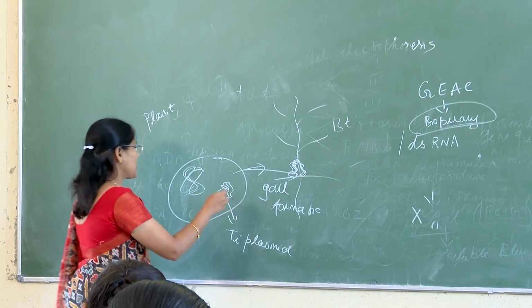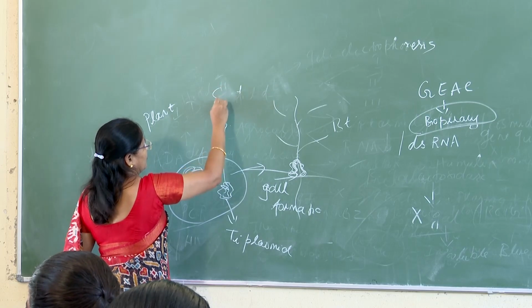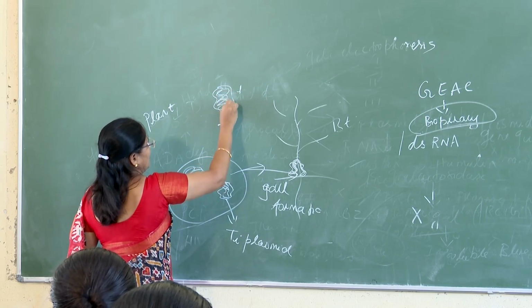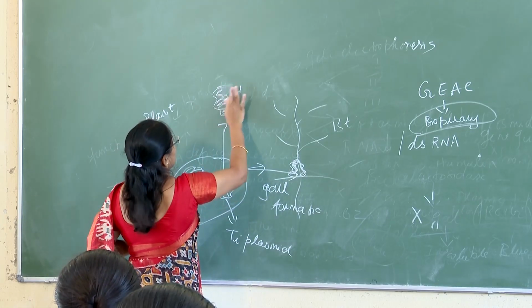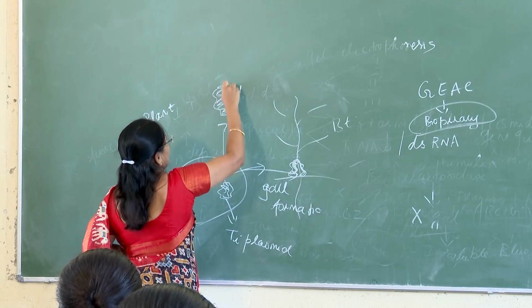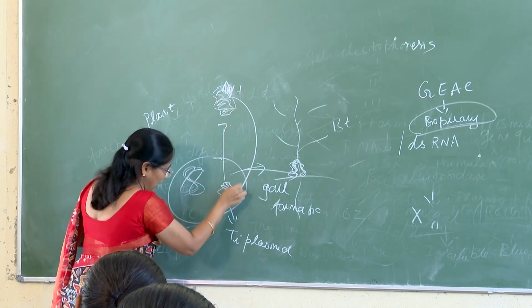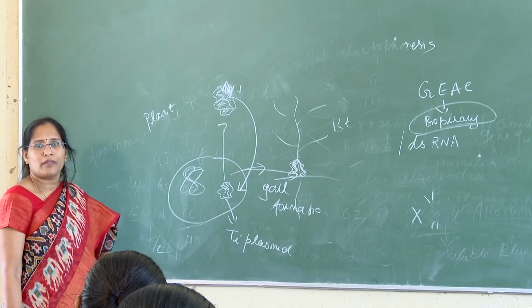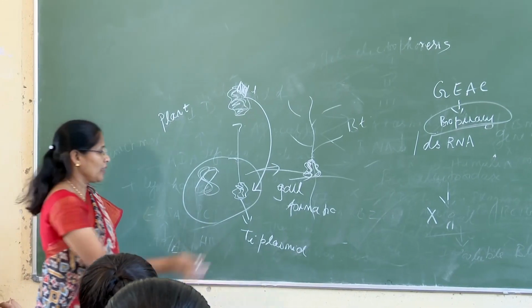Now what we will do is take this Ti plasmid out and insert my gene of interest. Got it? Again I will place it back into Agrobacterium tumefaciens only.